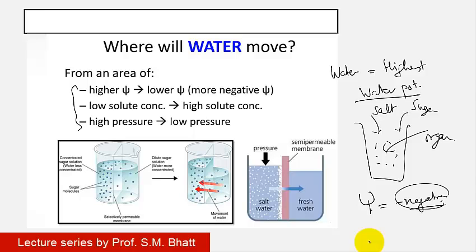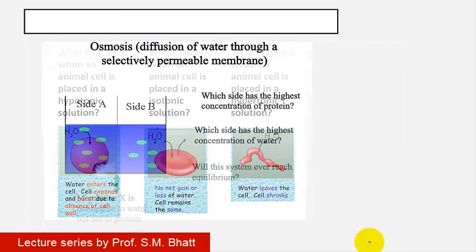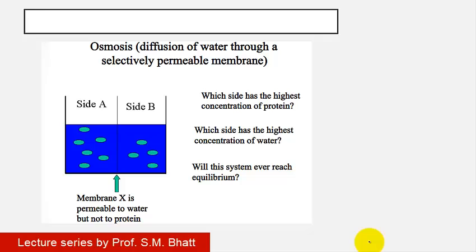So easily you can define that water moves to the lower water potential. If there are two solutions, A and B, separated by a semi-permeable membrane, you can see where they move by the water potential. If water is high, the water potential is automatically high. You can show the water potential by this sign.